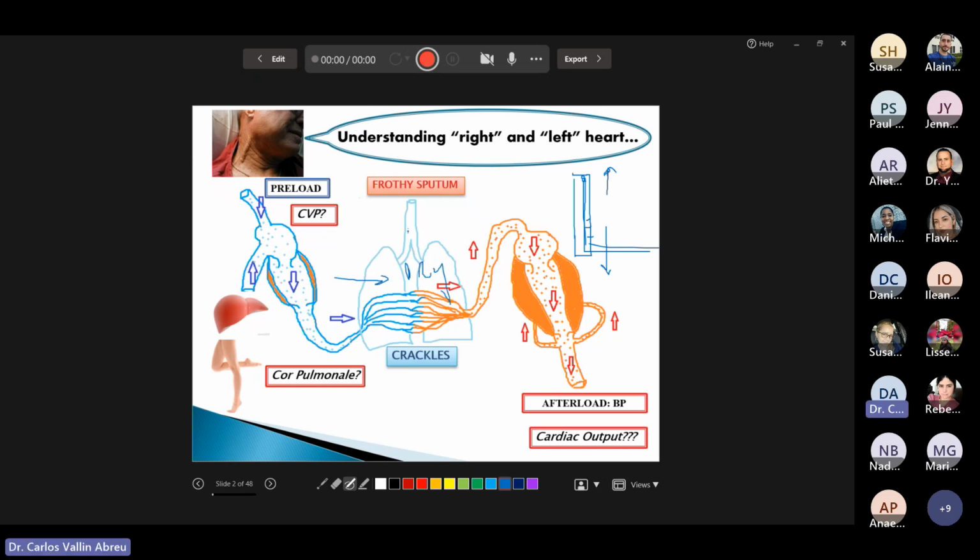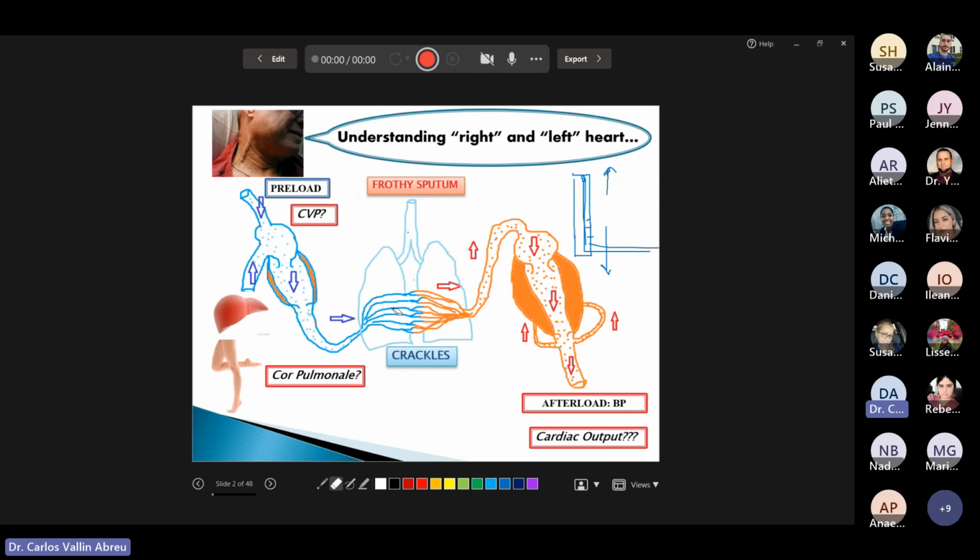So that's why right heart failure is not going to produce crackles or liquid in the lungs, because if the blood, which is the liquid, is not moving because of failure of the right pump to the lungs, the lungs are dry. So the lungs are not going to have congestion.